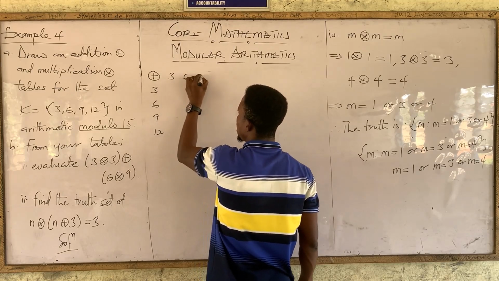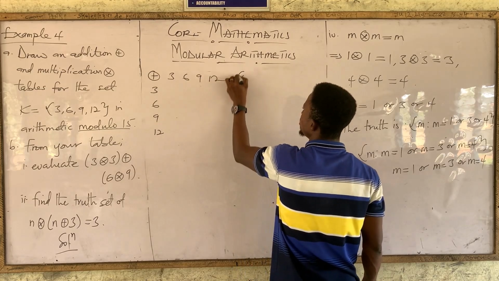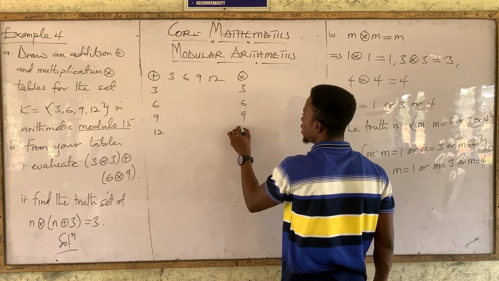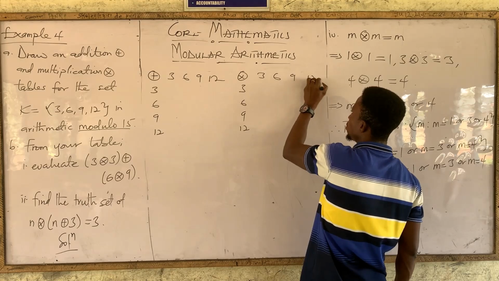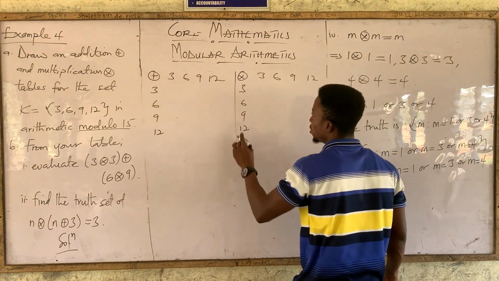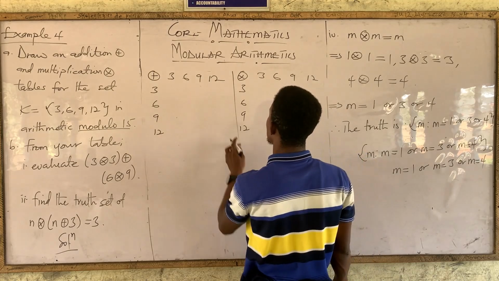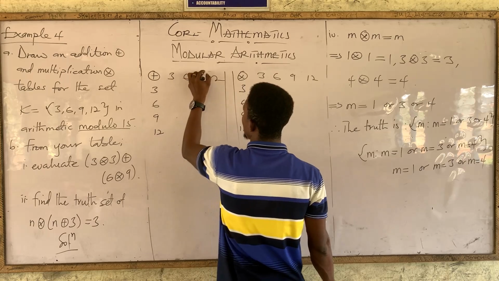Then that of the multiplication: 3, 6, 9, then 12. So it's supposed to go there. Then this one too. Then this way.